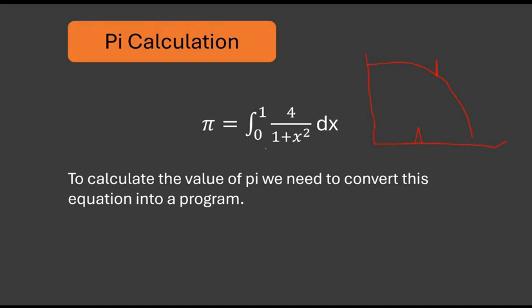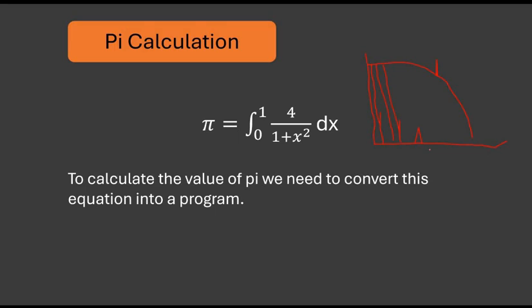Since we're talking about the integral, what is actually an integral? Integral is the value under this curve, and that is equal to the value of pi. So one way to find out the value under this curve is by dividing it into small rectangles, extremely small ones, so that each becomes a kind of a rectangle.